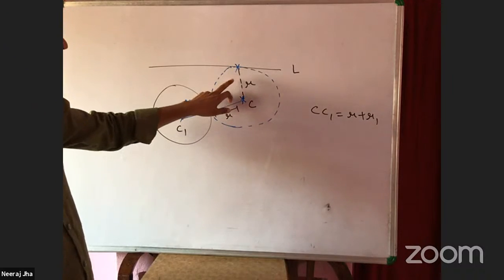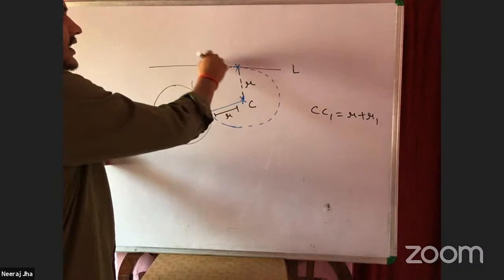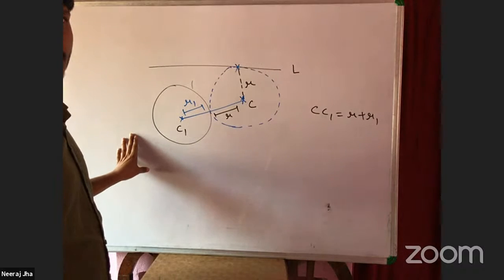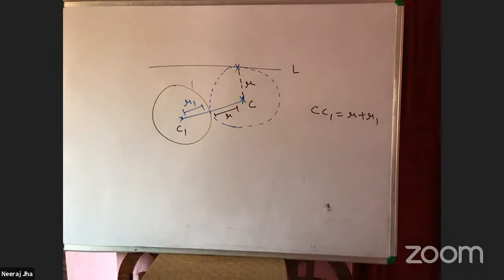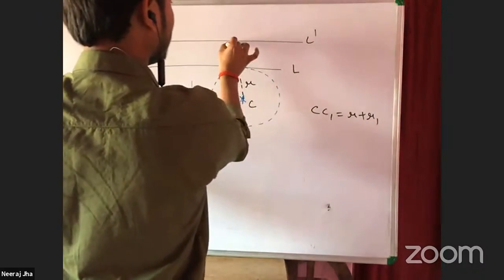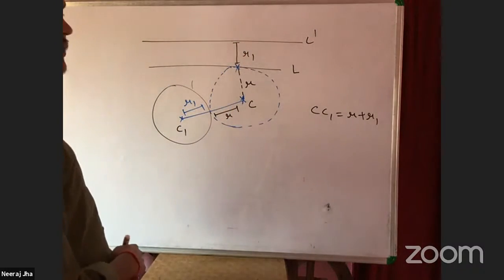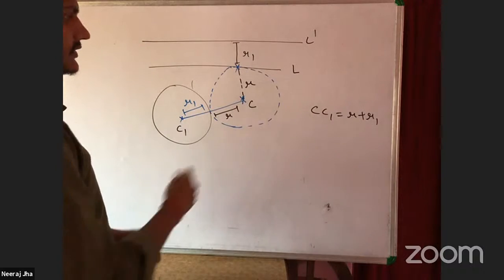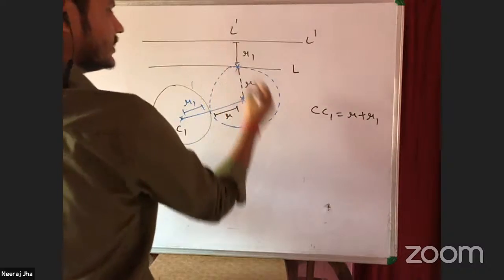Because if the radius is small, the circle is somewhere over here. Then there is a problem. So what I'll do is make a parallel line at a distance of R1 units from this line. Let this point be L dash.